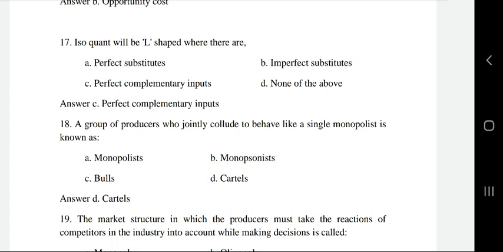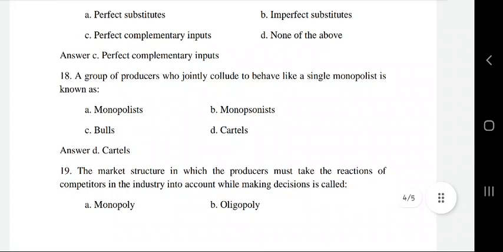Question number 18. A group of producers who jointly collude to behave like a single monopolist is known as: monopolists, monopsonists, bulls, cartels.